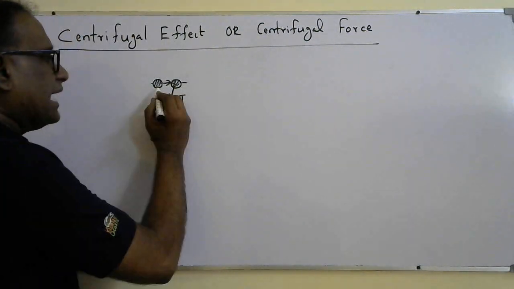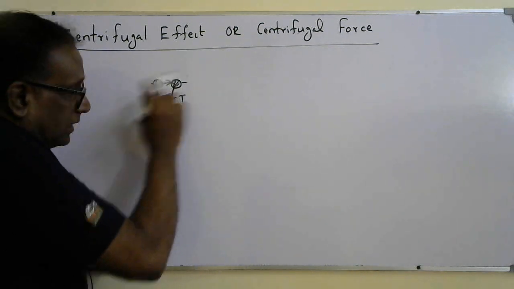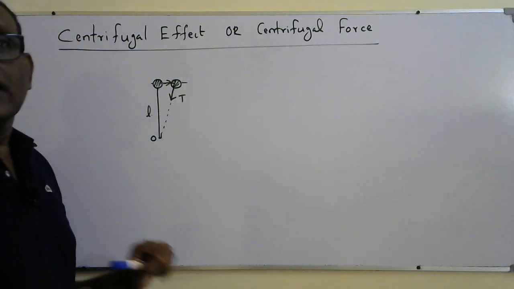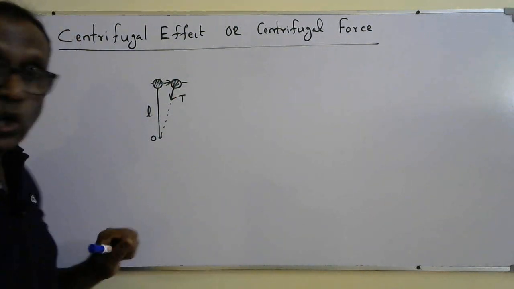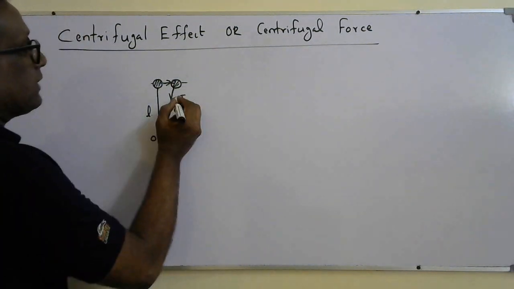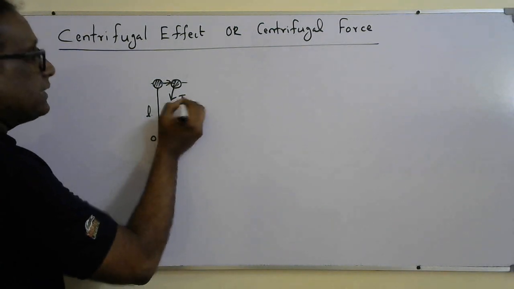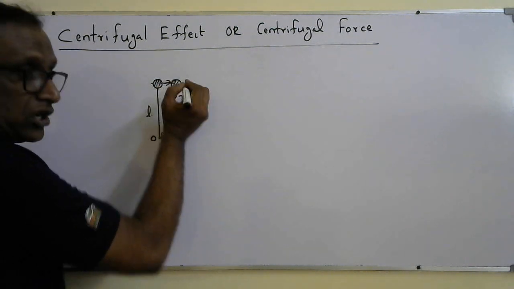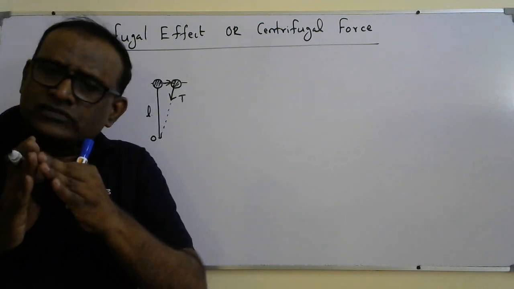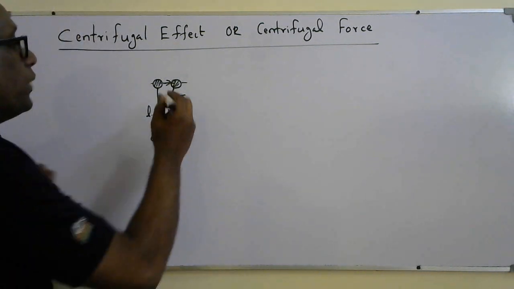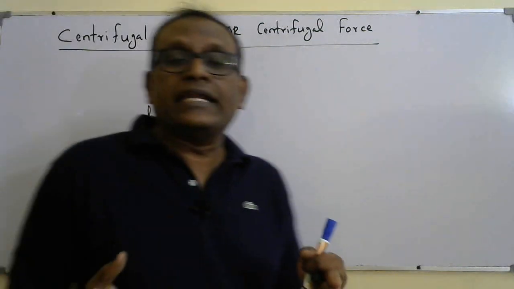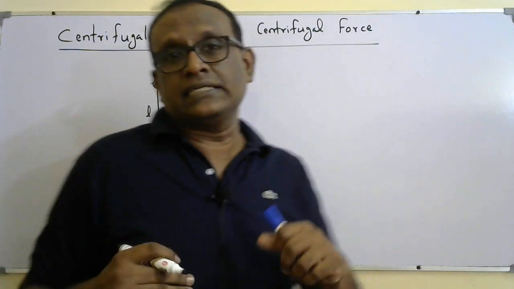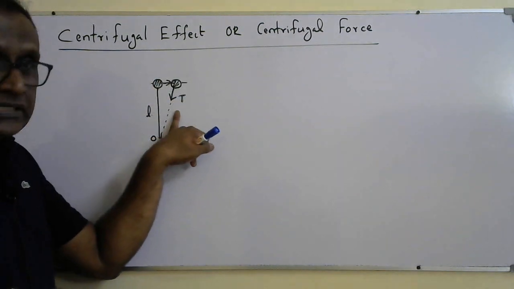So when the sphere slightly moves to the right, the string will pull or provide a tension to the sphere towards the end O. You know that the tension provided is at right angle to the velocity you provided, because it moved a little bit. When the tension is provided towards the center, there will be an acceleration towards the center.